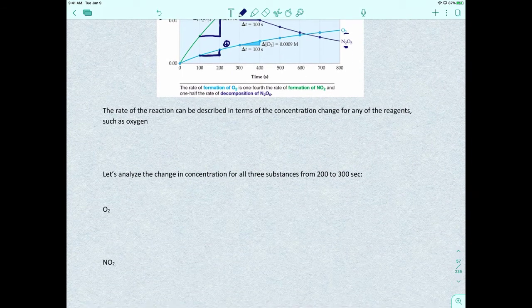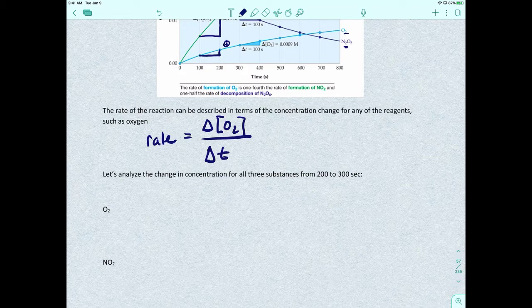The rate of the reaction can be described in terms of the concentration change for any of the reactants or products, such as oxygen. So we can actually write a reaction rate for oxygen. We can say that the rate would be equal to the change in the concentration of O2 divided by the change in time.